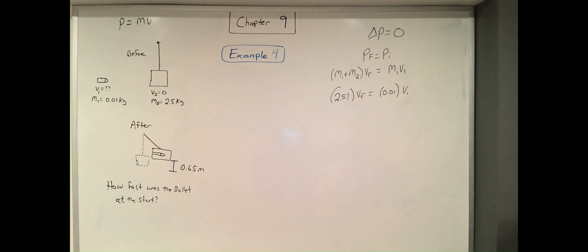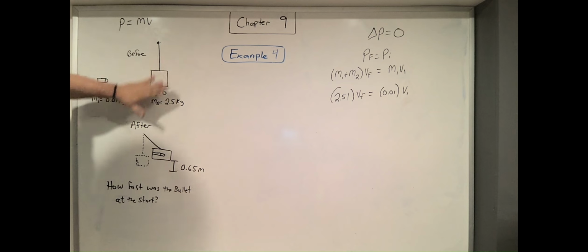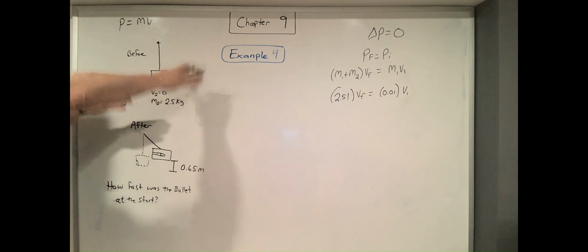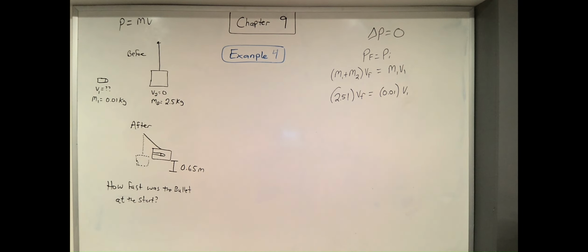You break that problem down into multiple steps. If we look at this being the before, really the collision is just when the bullet embeds itself into the block. Moving up on the rope is an after effect, right?